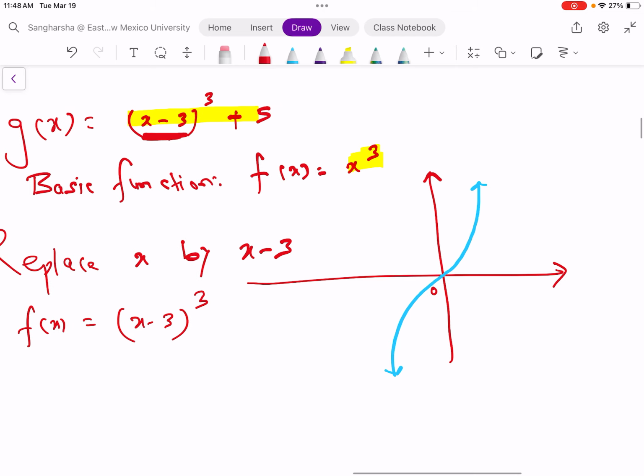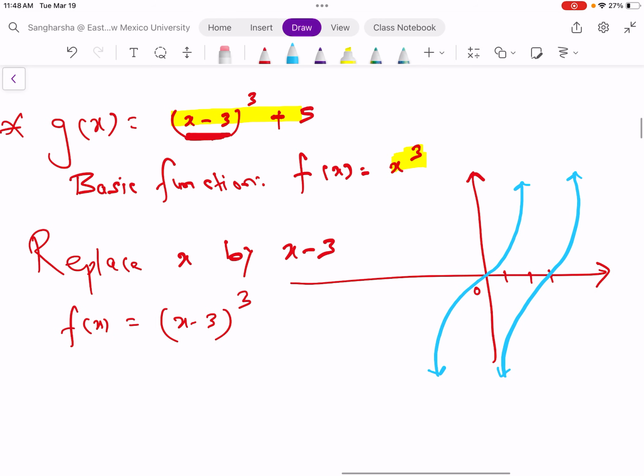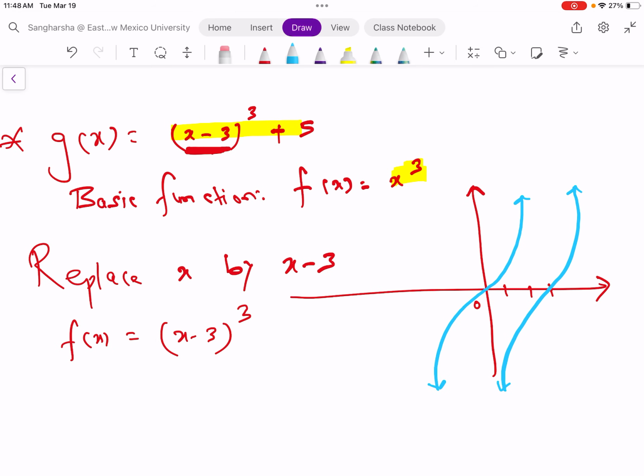So let's shift this graph to the right by 3 units. 1, 2, 3. We draw a similar graph at 3. So this is the graph. We shifted 3 units to the right. So here we already have (x − 3)³.